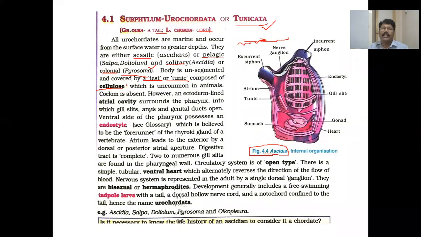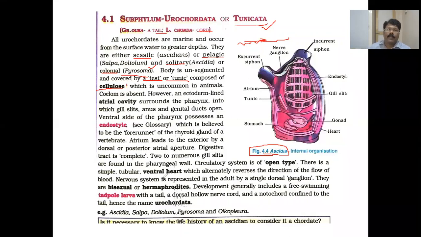Pyrosoma is very, very important, and it shows a very good character known as bioluminescence. We have discussed bioluminescence in ecology, in the abiotic factor light. Bioluminescence means the light emitted by living organisms, and pyrosoma shows bioluminescence, and it is a colonial urochordate.